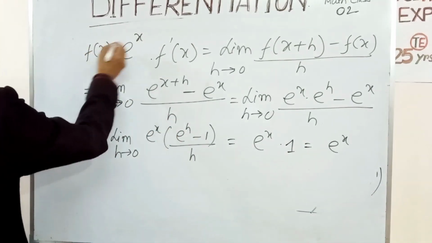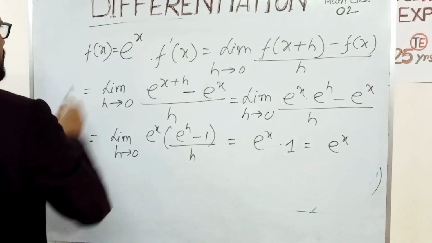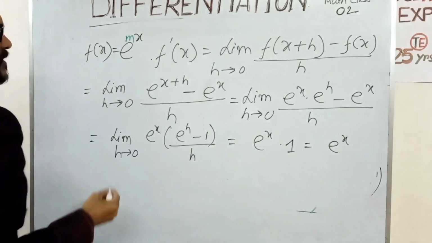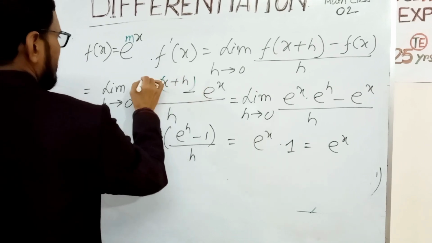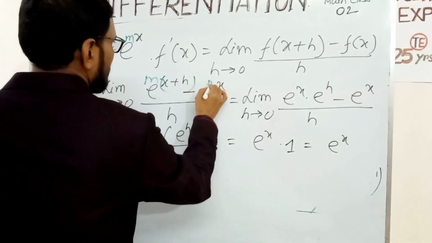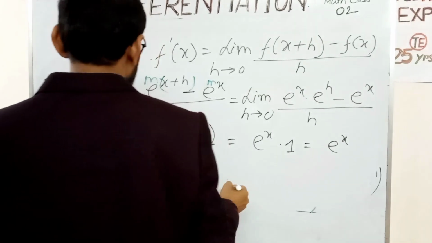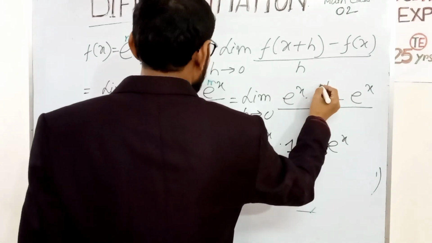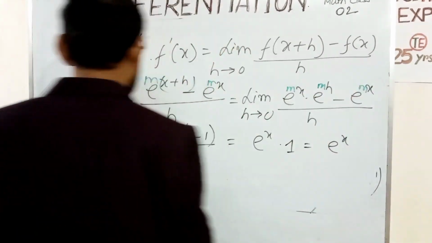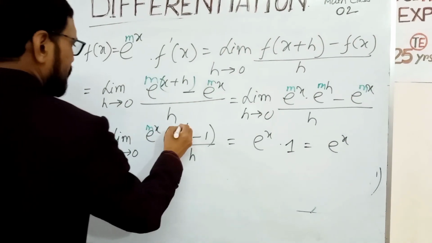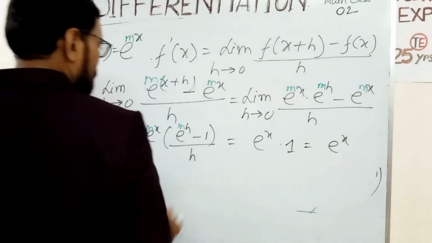Now if f x equal to e to the power mx, then f of x plus h gives e to the power mx into e to the power mh minus 1, by h.